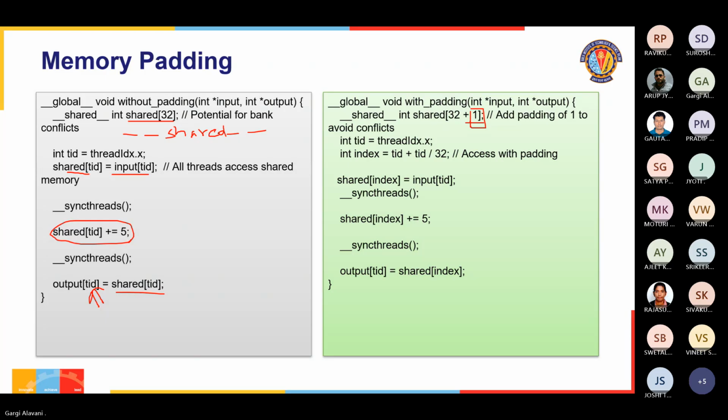Ma'am, out of the 40% weightage, how much will the coding part be? Is it 50/50? Yeah, assume it to be at least 50-50.